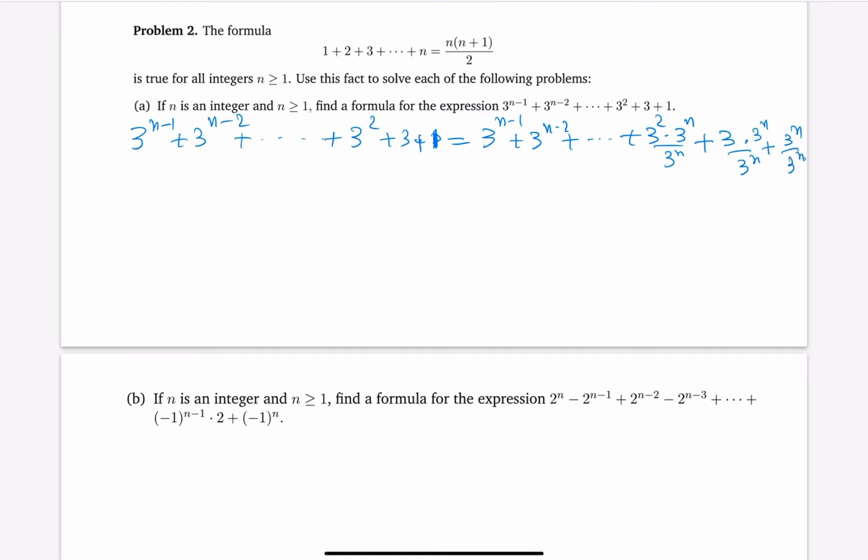Now we can factorize by 3 to the n. If you factorize by 3 to the n here, we will get 1 over 3.